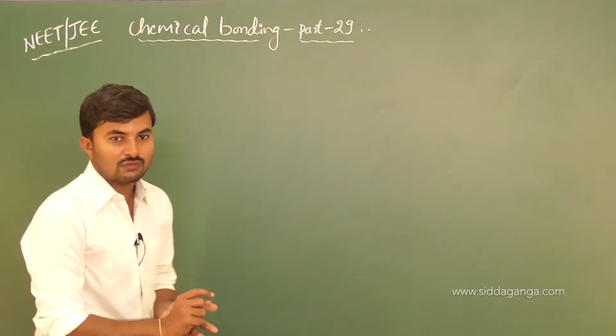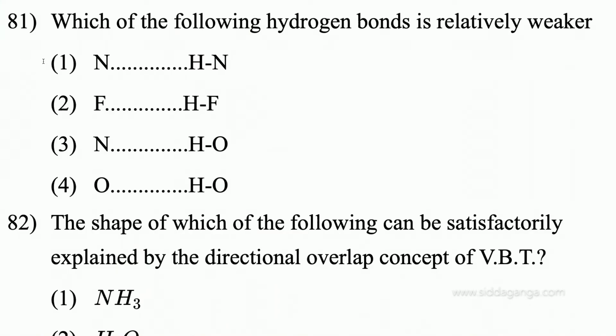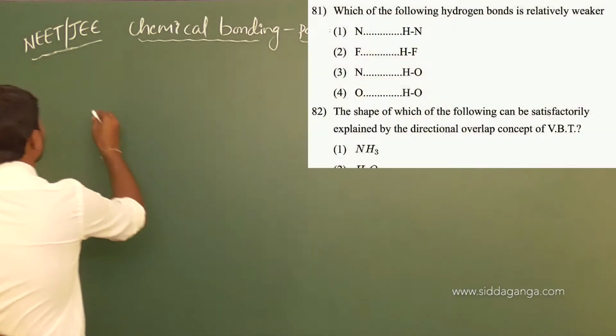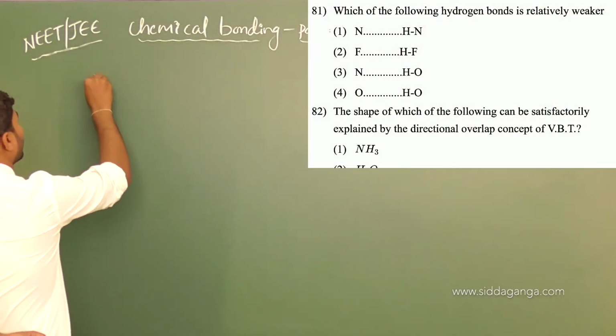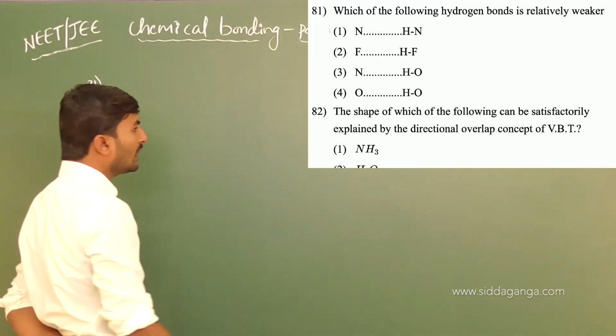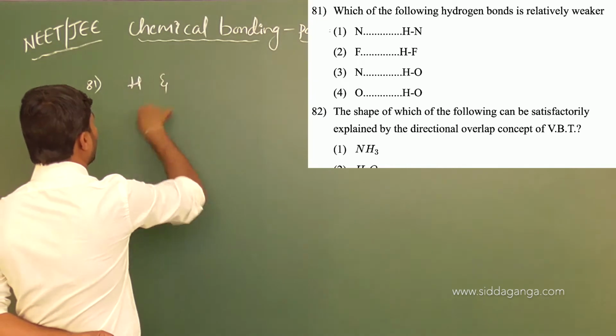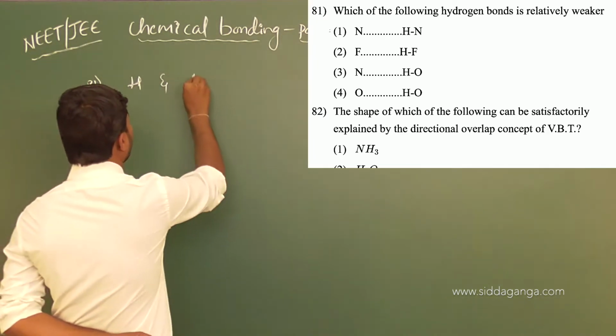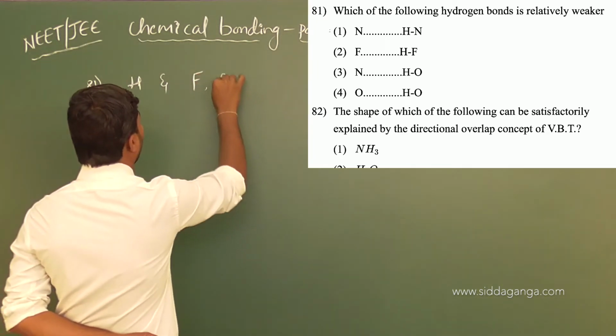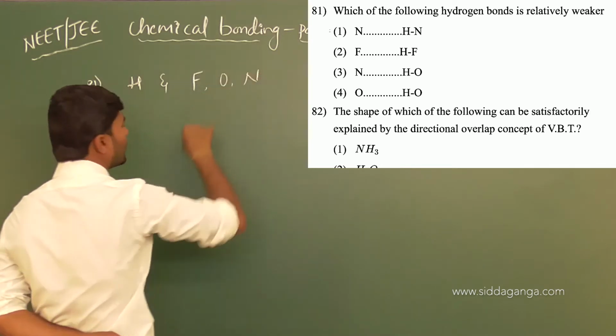The next question is: which of the following hydrogen bonds is relatively weaker? Usually hydrogen bonding can take place only between a hydrogen atom and the most electronegative atoms like fluorine, oxygen, followed by nitrogen.